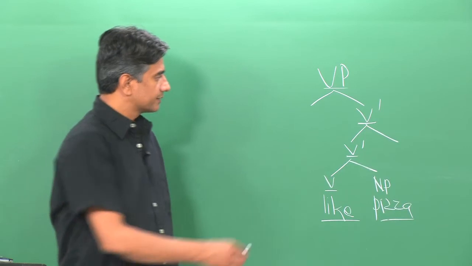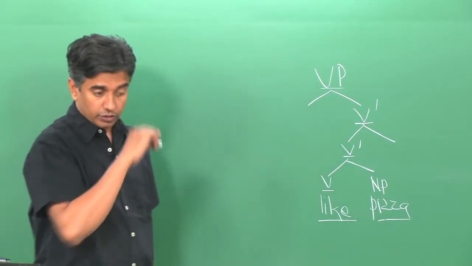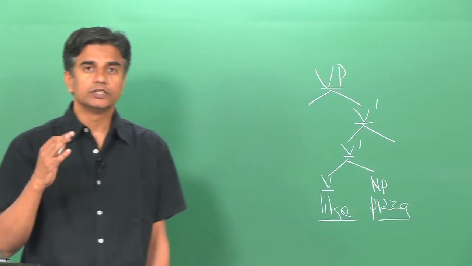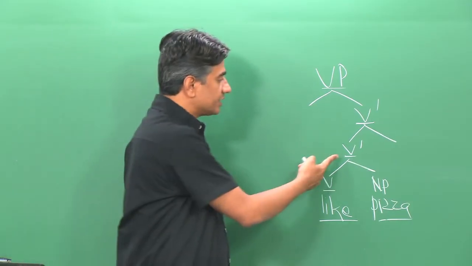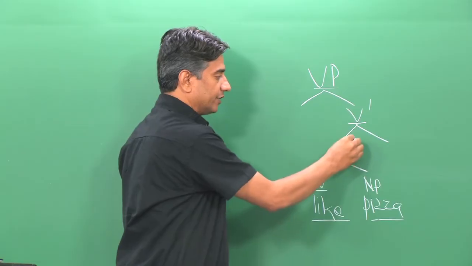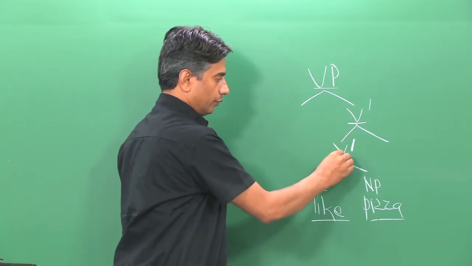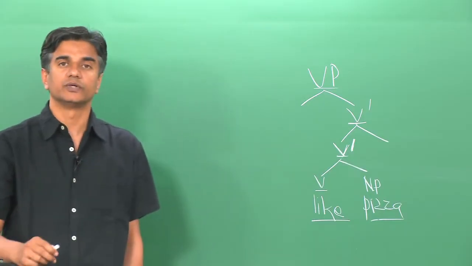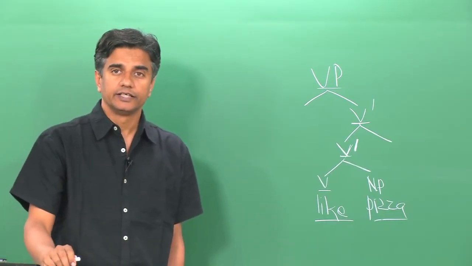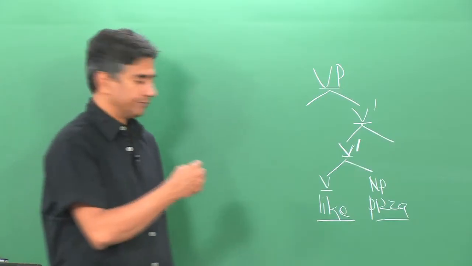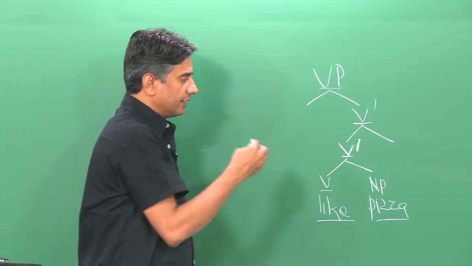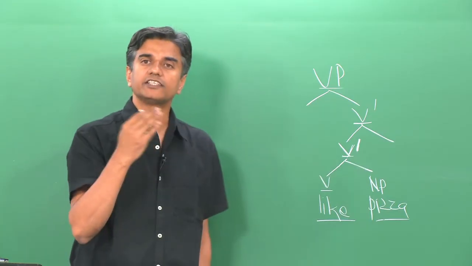In this case, remember we mentioned in the beginning that the whole idea of this intermediate category with a single bar is why the whole phenomenon is known as X bar. So in this case V bar, the introduction of this intermediate category is for various reasons.